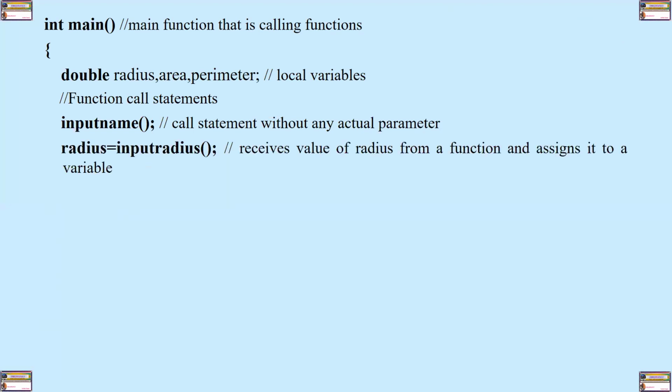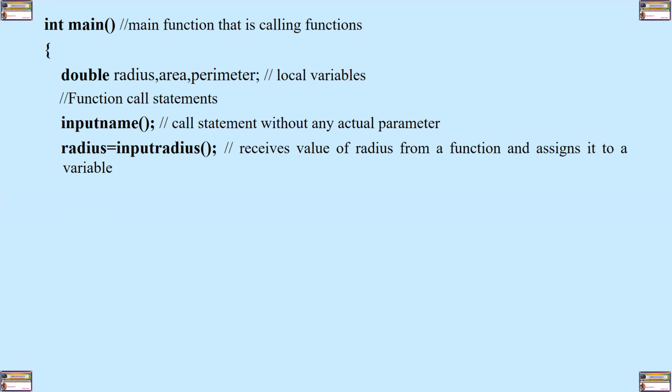the next call statement. This is the next call statement in the order. So when the call statement for the function called input radius is encountered, it is invoking the function called input radius, and it's not passing to it any parameter or any argument.